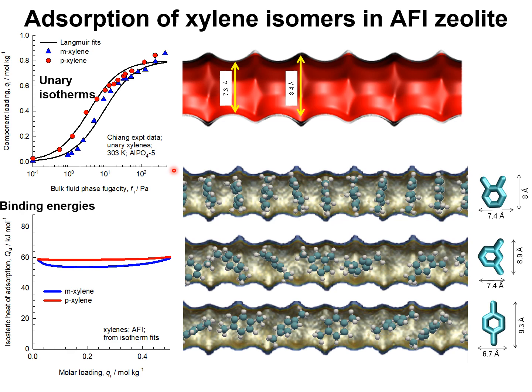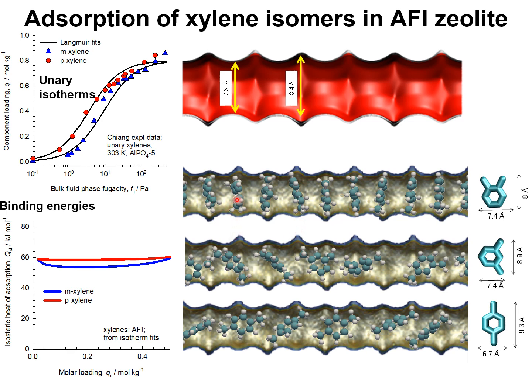Let us illustrate the application of the binary Langmuir model that was derived earlier. We consider the adsorption of xylene isomers in AFI zeolite that consists of 1D channels with dimensions 7.3 angstrom at this point and 8.4 angstrom from groove to groove.